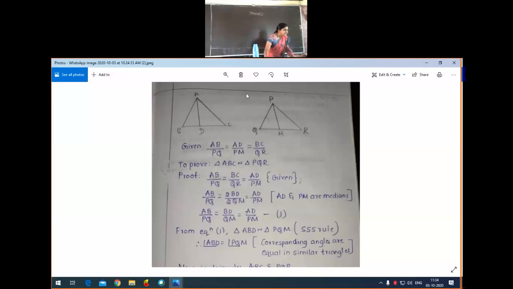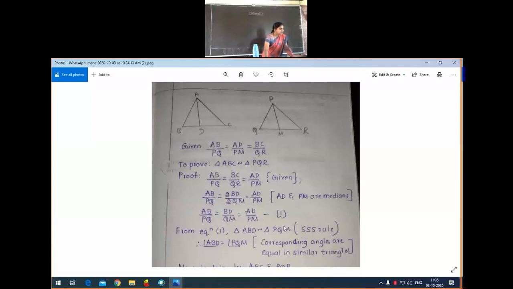See here, AB by PQ is equal to BD by QM, that is equal to AD by PM. Can we say that this triangle is similar to this? Yes, of course. So triangle ABD is similar to triangle PQM according to the SSS rule. From equation 1 we got the result that triangle ABD is similar to triangle PQM.